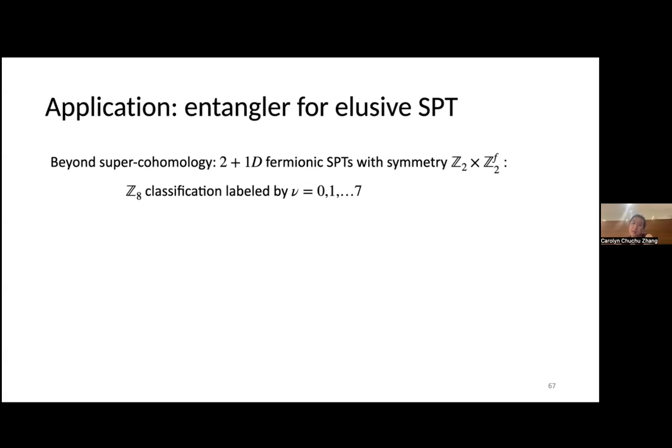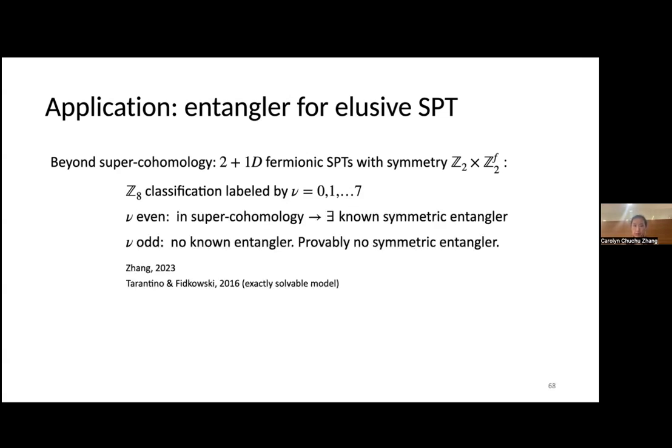However, there are also SPTs that don't fall into those classes. One example is in 2+1D, a fermionic SPT with symmetry group Z2 cross Z2^F, where Z2^F is fermion parity. There's a Z8 classification labeled by this nu from 0 to 7. The Z8 classification is closely related to the Z8 classification of fermionic systems with time reversal symmetry in 1+1D.